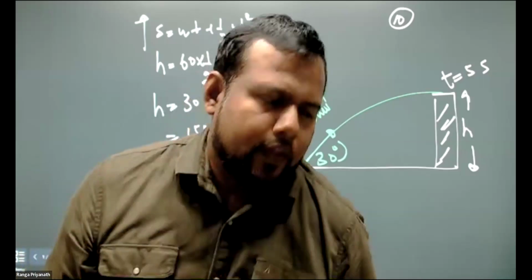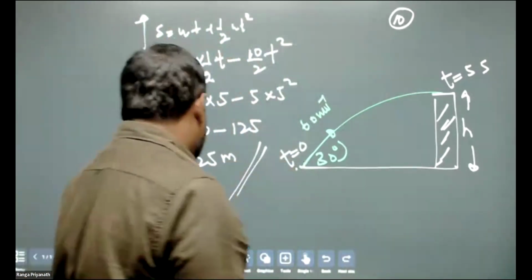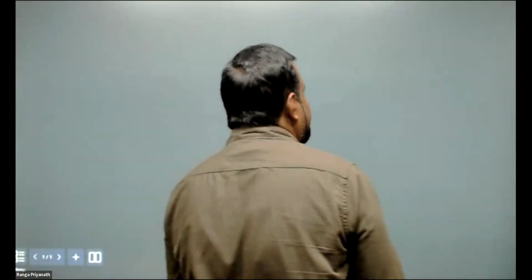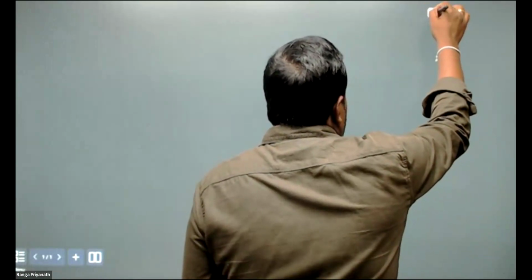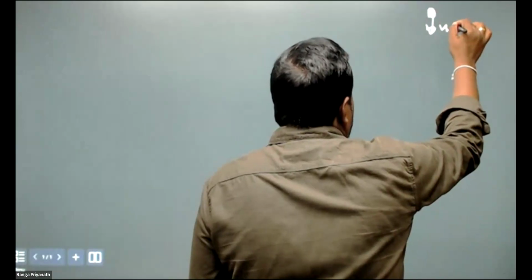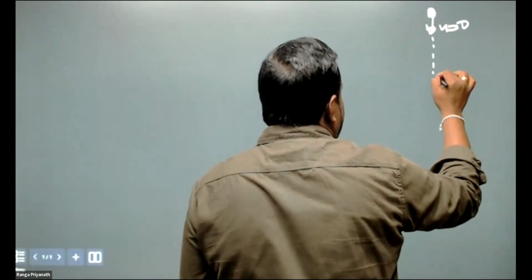I will explain this particular part. I have done it under the theory section. Just to recap, let's say the object starts from rest, u equals 0, and you release the object.